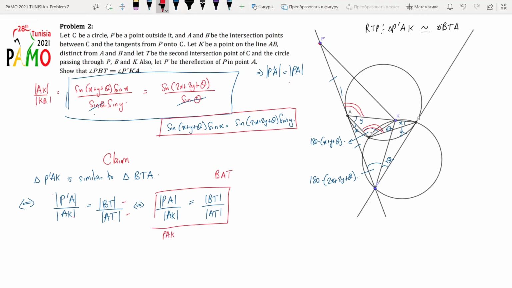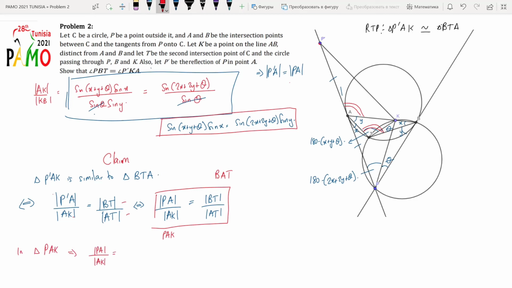And hopefully, if those two things are equal, that implies that these two ratios are equal and implies the triangles are similar. Now let's use the sine rule in triangle PAK. As I said, later on you'll see that it was not so necessary to use trigonometry. So it implies that PA over AK is equal to what?